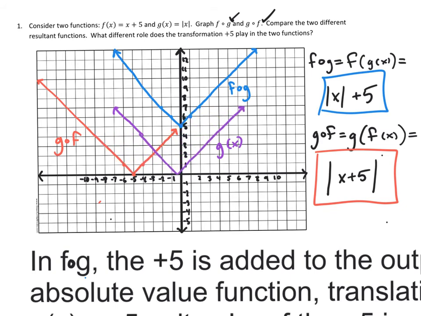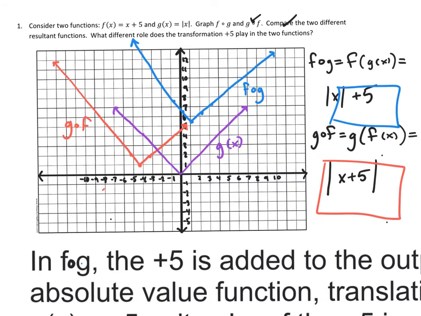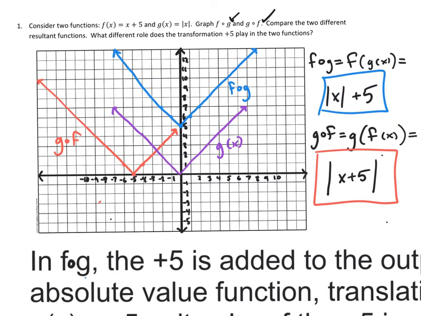Ooh, I left part of it behind. That's bad. Let's put it back together. Translation left 5. There's a translation left 5. And if I were to take g of x to f composed with g, that would be a translation up 5.